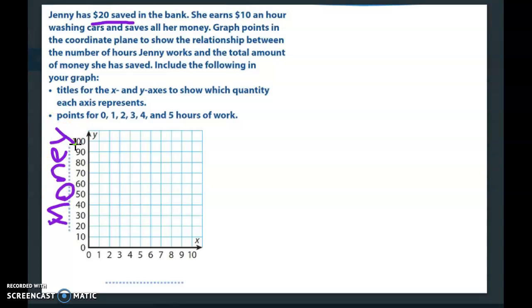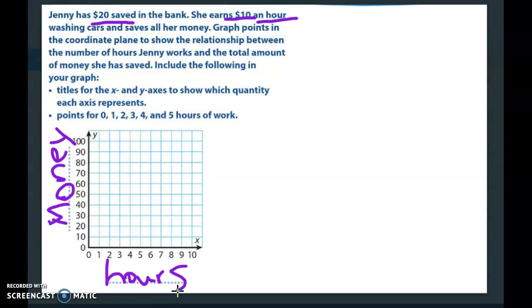And on the x-axis, think about the time that it told me before. It said she earns how much money? $10 an hour. So the x-axis must represent the hours that she works. Okay, so now that I have my labels on there, I can actually put in some information.